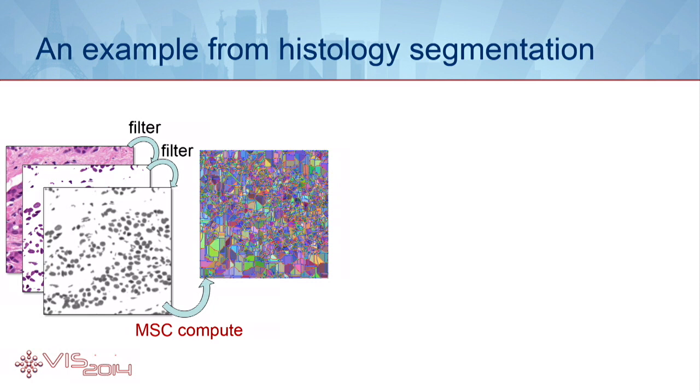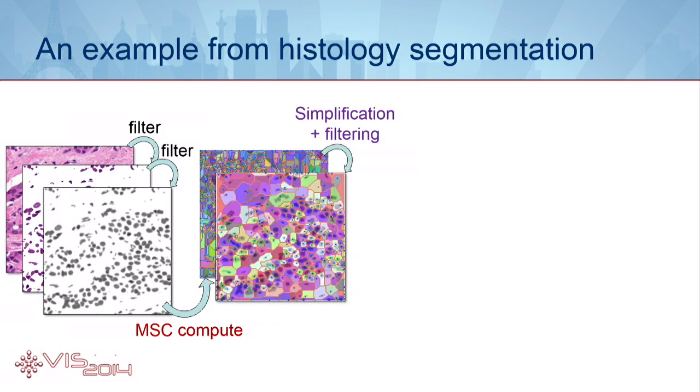Now this is far over segmented, so we're going to do some kind of filtering and simplification pipeline to reduce the number of features. Unfortunately, I've oversimplified, and there's this green region here where I've clustered now a bunch of nuclei together. Now I can either try to play with all my simplification and filtering parameters, but chances are if I start doing that, they're not local operations.